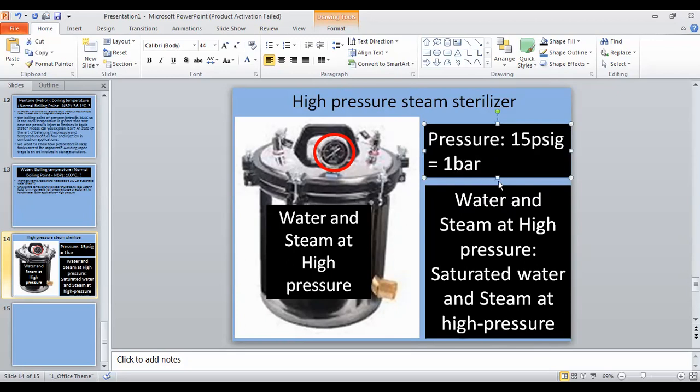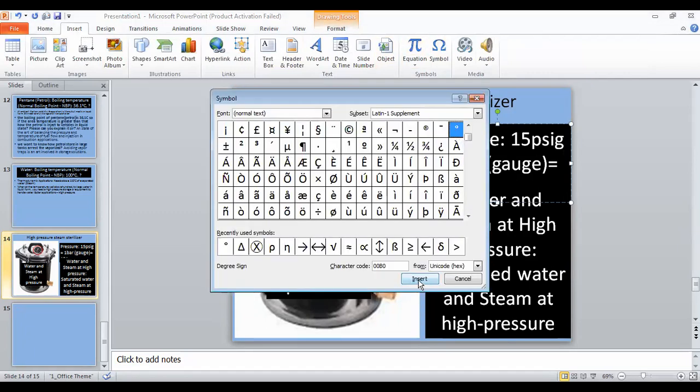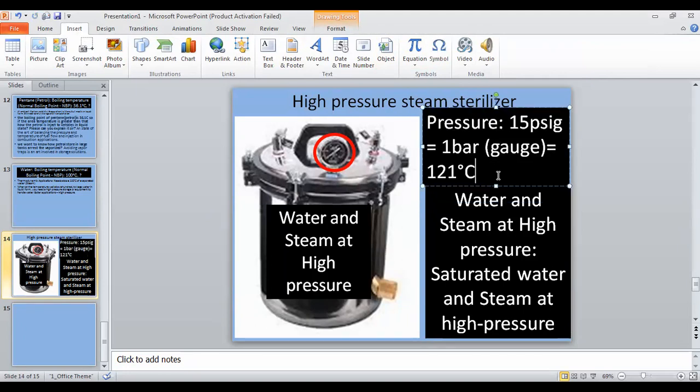Okay. 1 bar. What is gauge? What's the temperature? Is around, later I will correct it, around 121. I may be right, I may be wrong. If I'm wrong, I will correct it. That is around 121 degrees Celsius. Maybe around 120s.